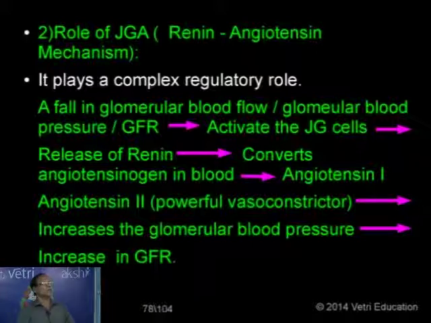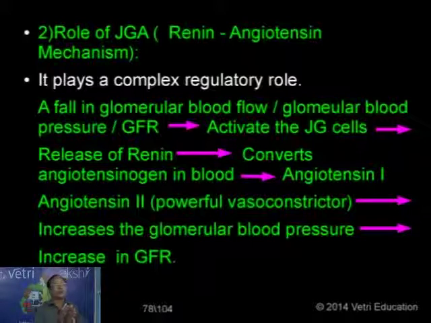This JGA plays a major role in regulating the functions of the kidney. How? When there is a fall in blood volume, ultimately the blood flow to the glomerulus decreases. This is because of fluid loss.